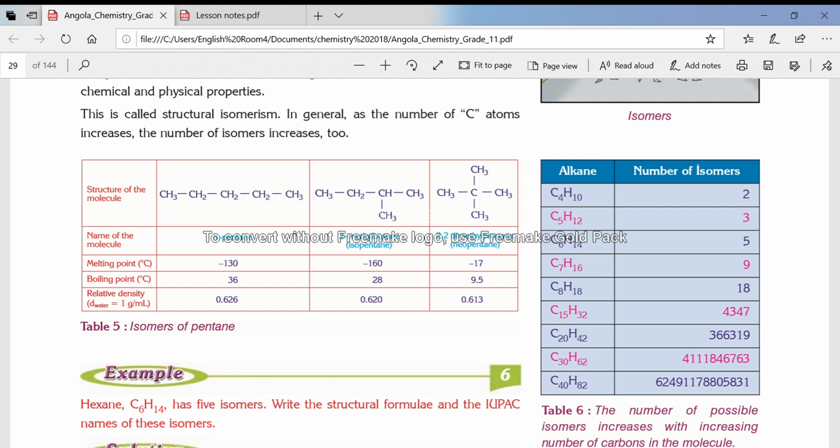Even though the density is quite close, the boiling point is different as well. As we said in the video on the properties of alkanes, branching will decrease the boiling point of organic compounds in general. So the more branches we have, the lower the boiling point.